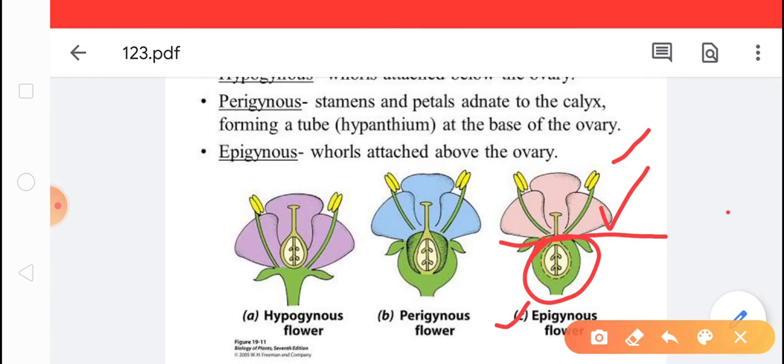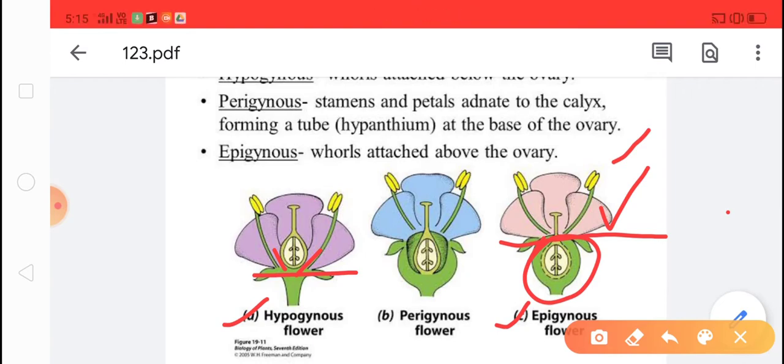In some flowers, the sepals and petals are arranged below the ovary, which means the ovary takes a higher position and the sepals and petals grow from the downside of the ovary. Such kind of arrangement is called a hypogynous flower.